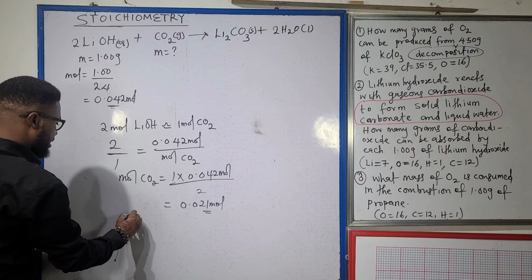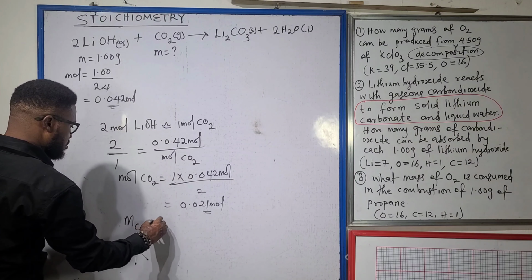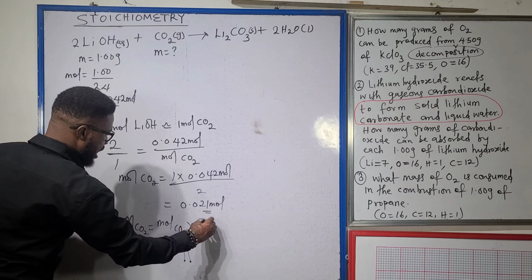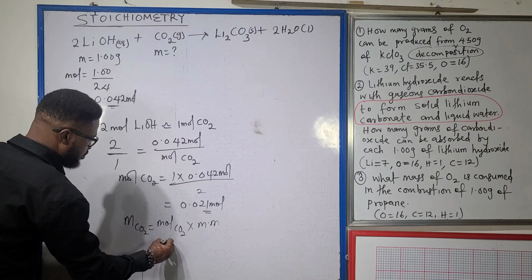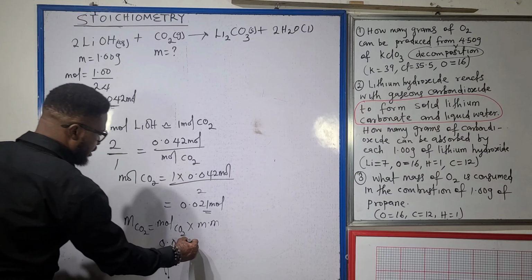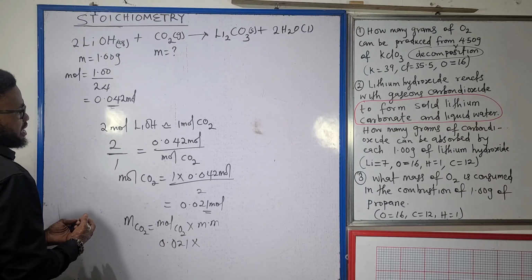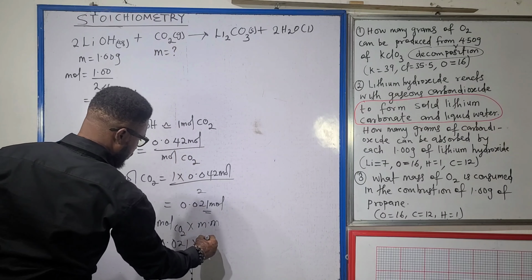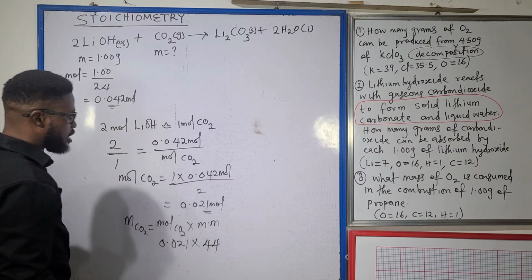So mass of CO2 is going to be mole of CO2 times molar mass, in this case 0.021 times the molar mass for carbon dioxide, which is 44.